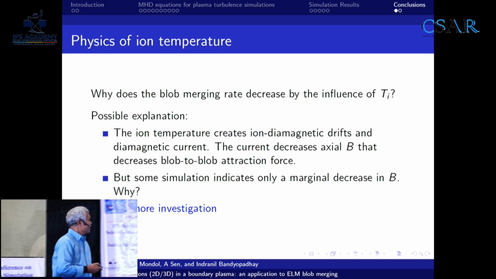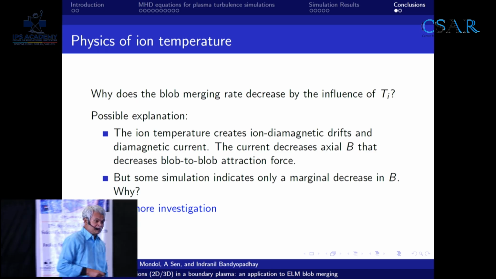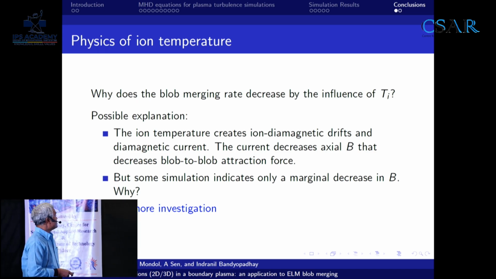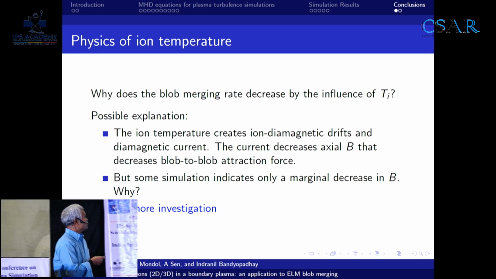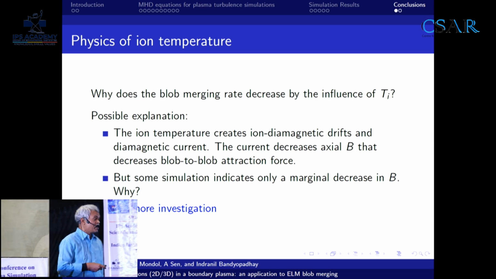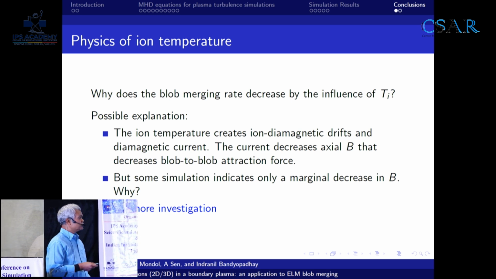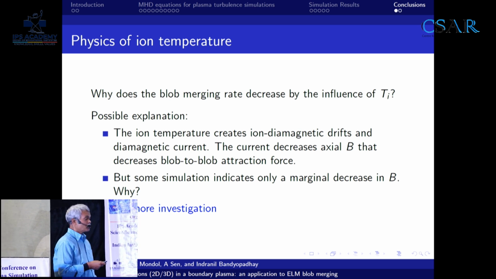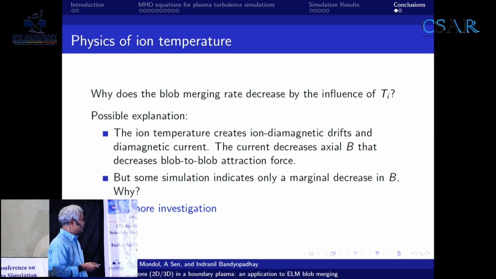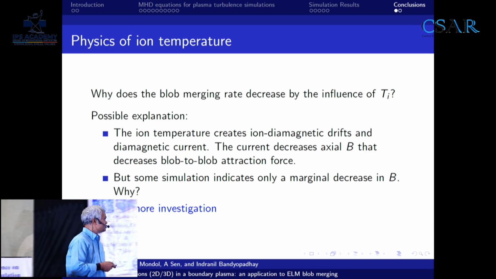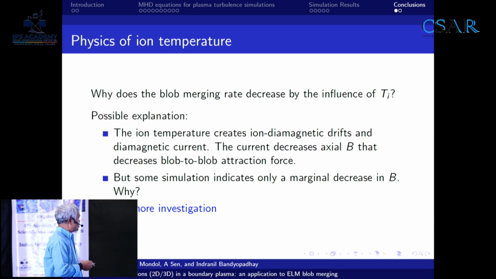Okay, now this is my last slide. This is the physics of ion temperature. What makes it special that if ion temperature is taken into account, both blobs do not merge with each other or stay apart for a longer time? Why is coherency maintained for a longer time? Theoretically it seems very logical.